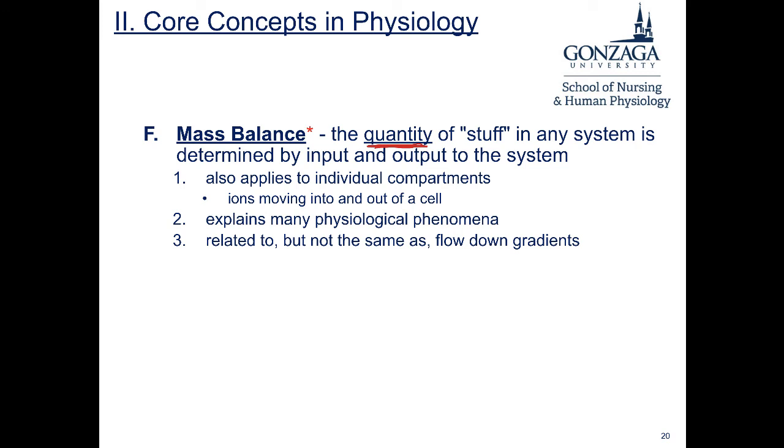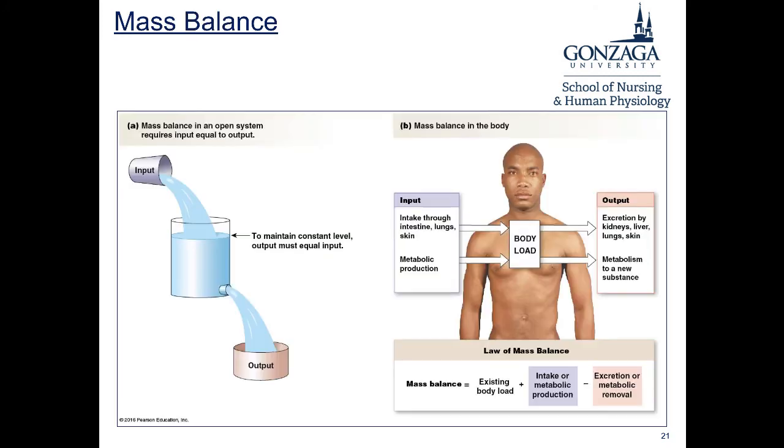We're still talking about the movement of something, but how it's transported and how much of it is present are two different things. I often tell students that the best way to think about this is the bathtub model.